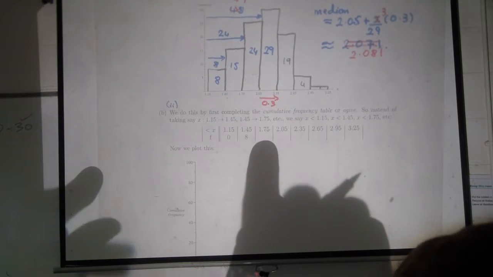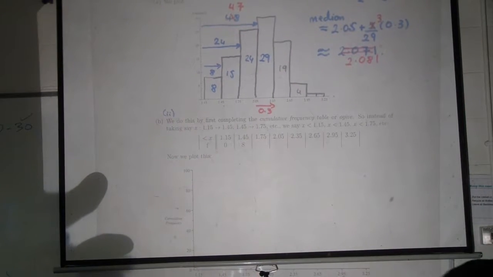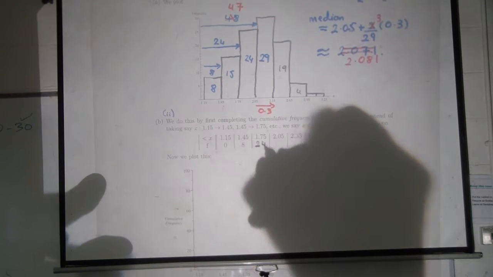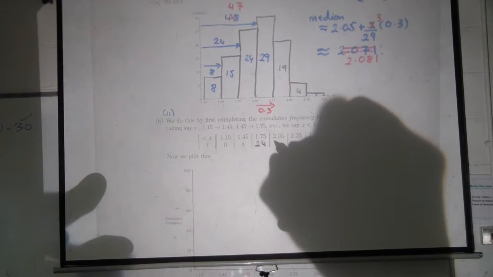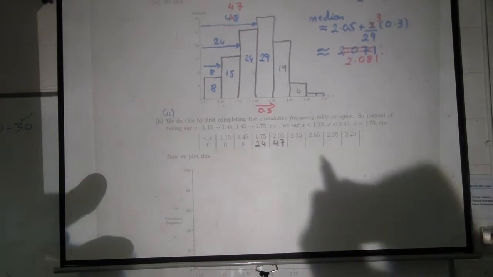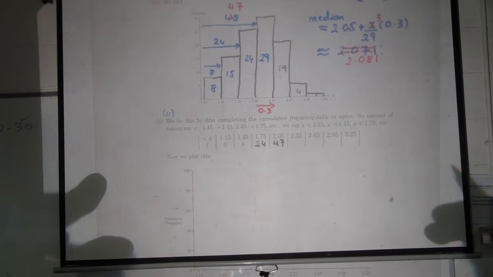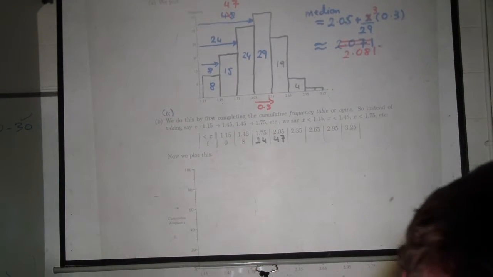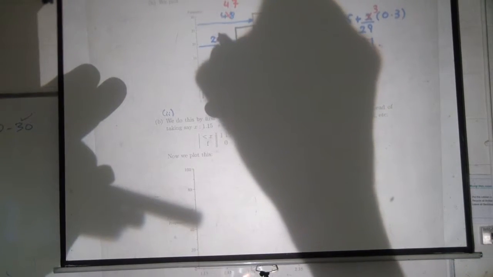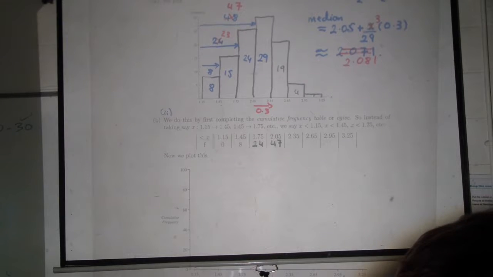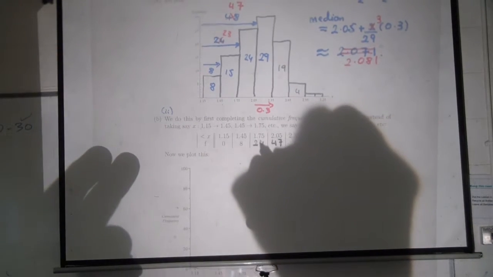So, how much of the data is less than 1.75? 24. Less than 2.05? Less than 2.35? Should that not be 23 instead of 24, is it? Yeah, sorry, that should be 23. But that thankfully doesn't mess us up. So yeah, that should be 23.